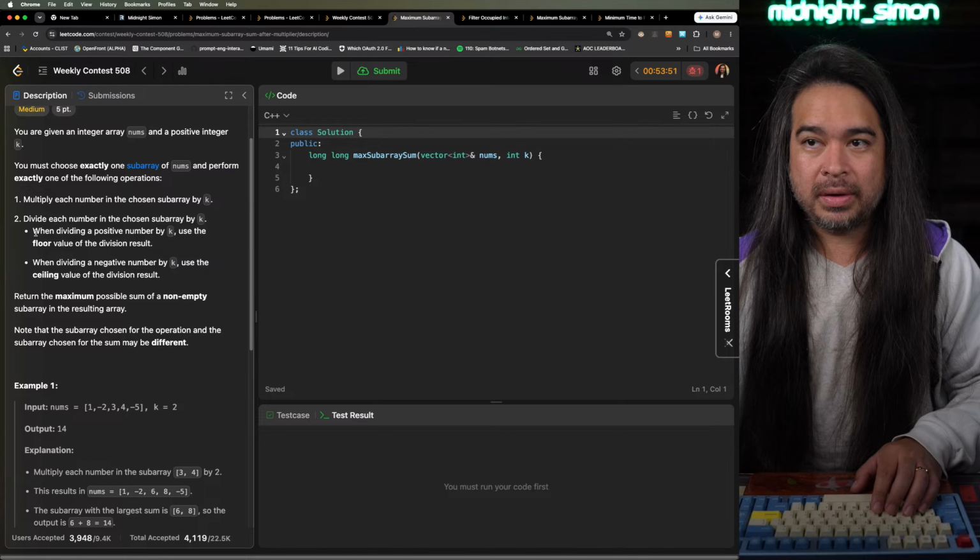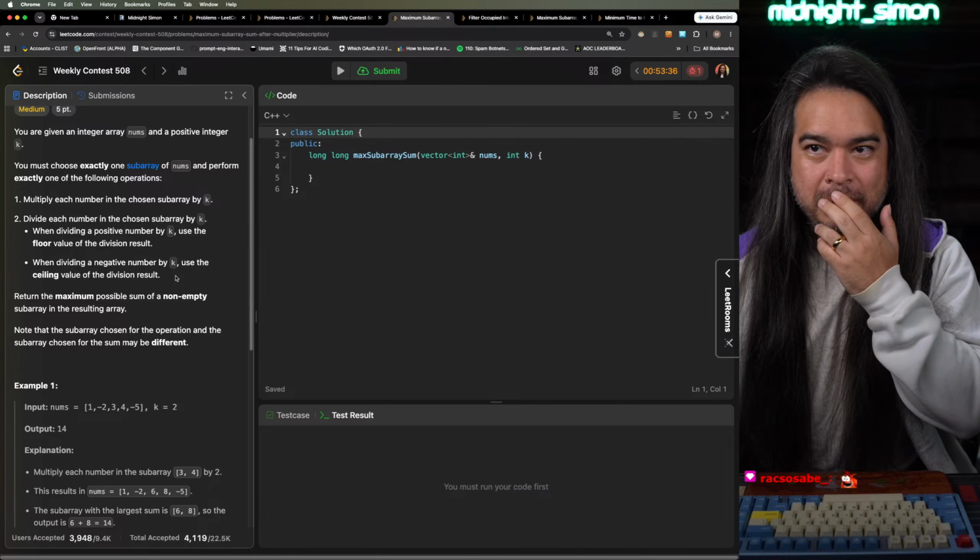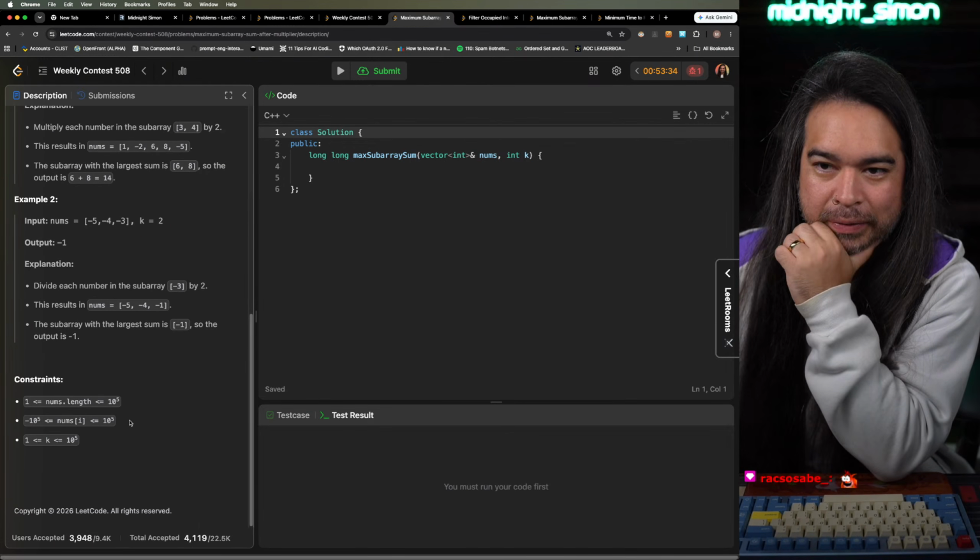Alright, when divided by a positive, use the floor and use the ceiling here. Alright, I think this is Kadane's. I don't know about the case where every number is negative.